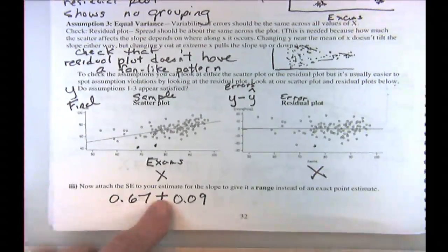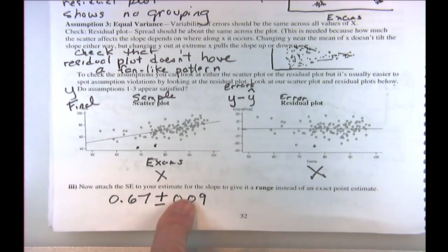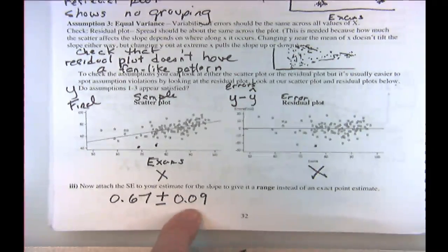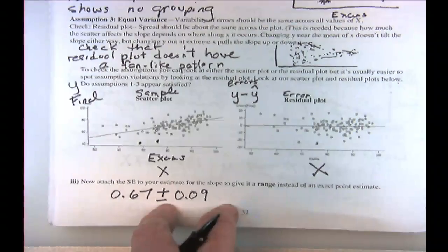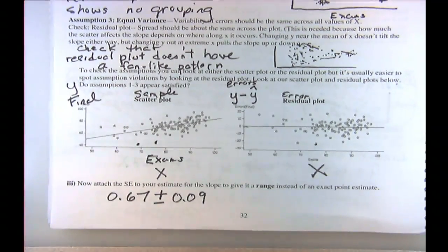But we can't build a confidence interval. This is one standard error, and you're probably used to thinking about that. If the sample slope followed the normal curve, then we could say this is a 68% confidence interval. Well, it turns out it does follow the normal curve with a big enough sample size, and that's exactly what we're going to do.